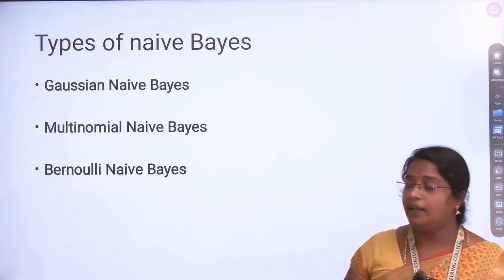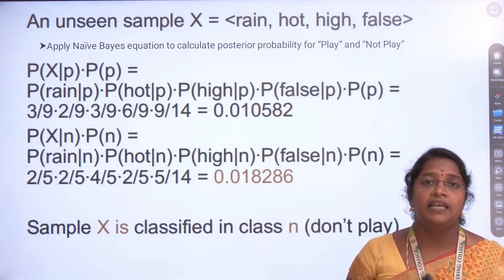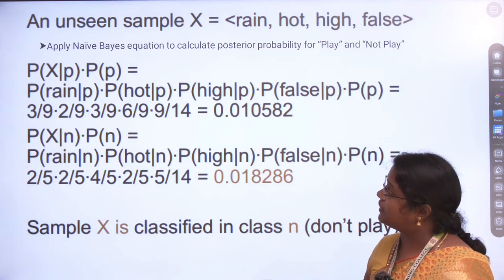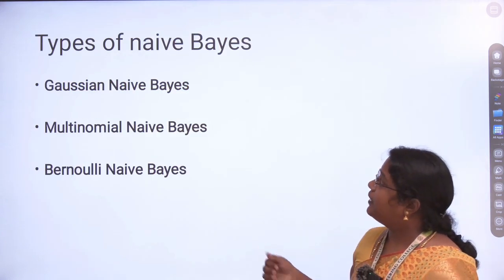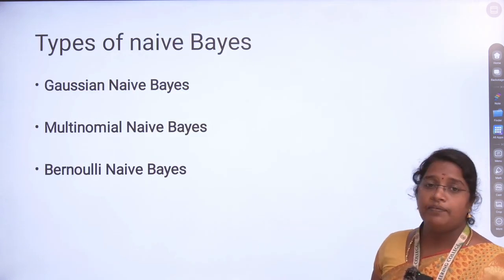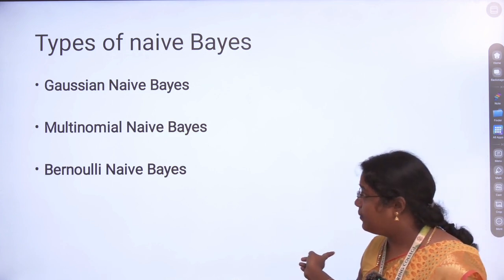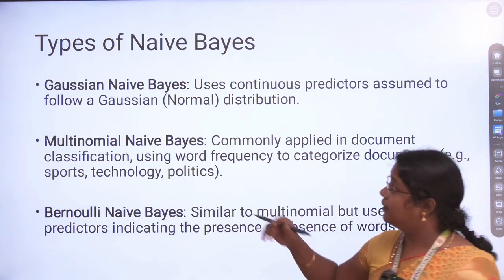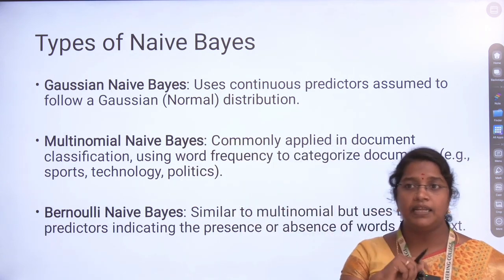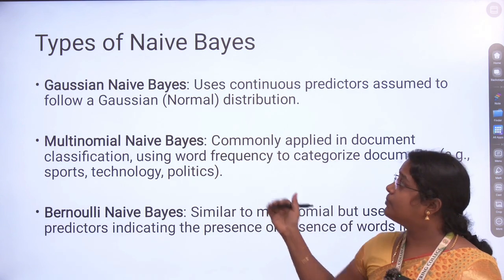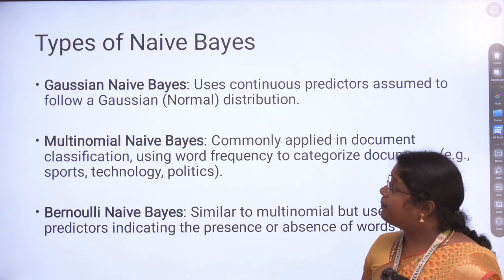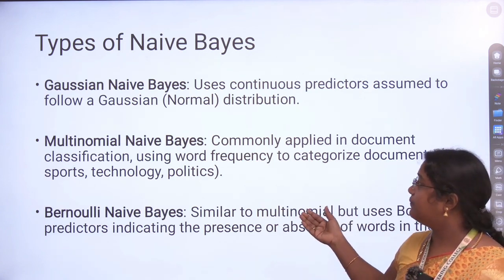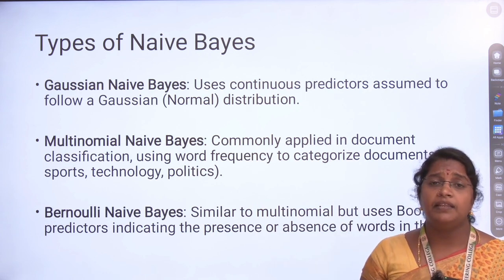So this is how we can calculate for any real-time application based on the Bayes theorem, but it is mainly used for classification tasks. So let's see the types of Naive Bayes algorithm, which are Gaussian Naive Bayes, multinomial and Bernoulli Naive Bayes. When the inputs follow a Gaussian distribution, meaning the bell curve, we can use Gaussian Naive Bayes. Multinomial Naive Bayes is commonly applied for document classification using word frequency, as I already explained in the first part.